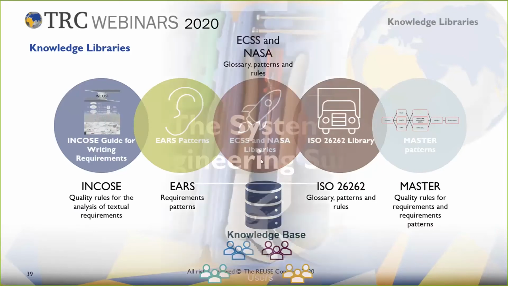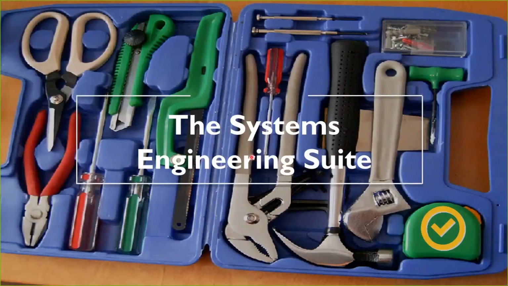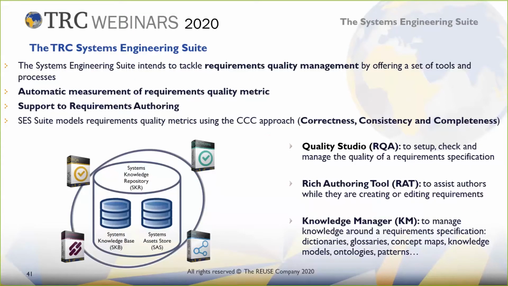Okay. Well, I'm going to show you a little bit of our system engineering suite and the products that make up the environment. All the suites are based on the system knowledge repository, where we have the system knowledge base and the system asset store.